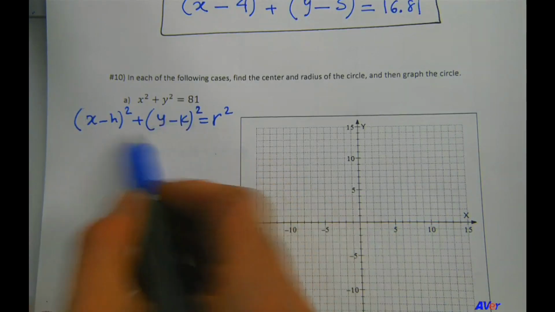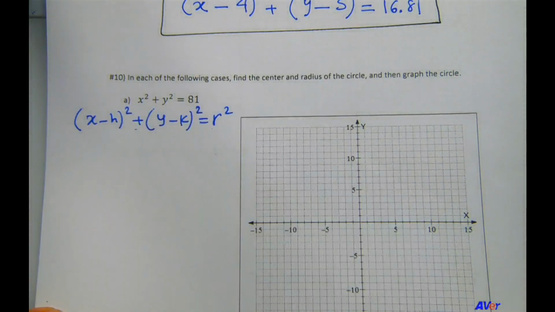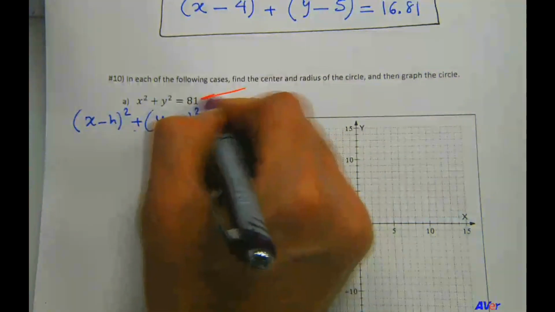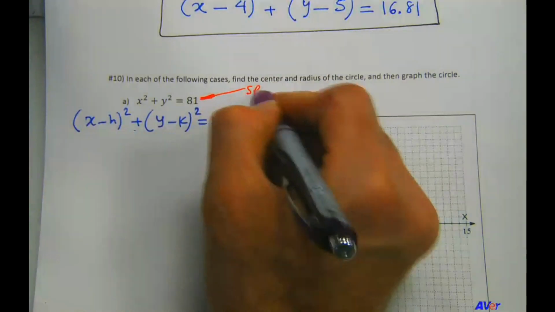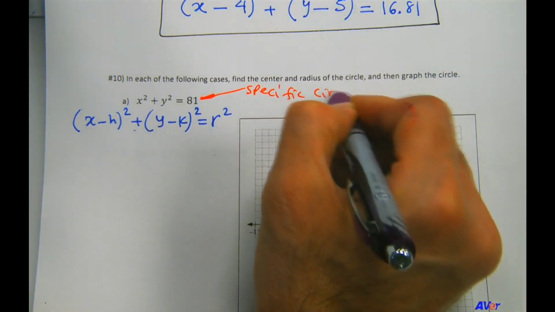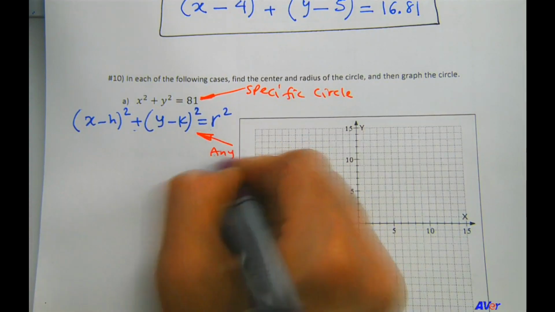So compare this general equation of a circle with the specific equation that we are given. Let me write this down because it's important for you to know this. This is a specific equation, a specific circle. And this is a general equation, any circle.